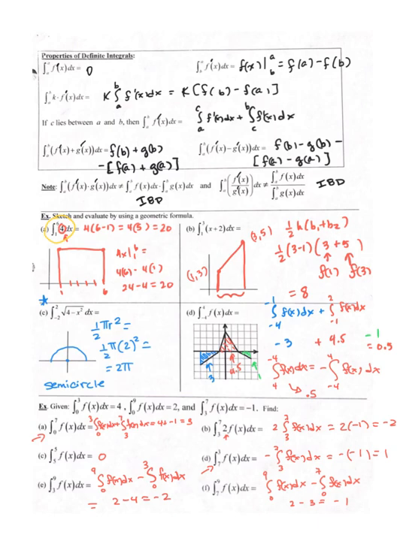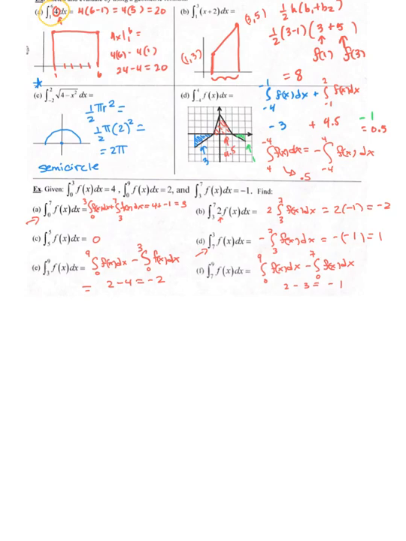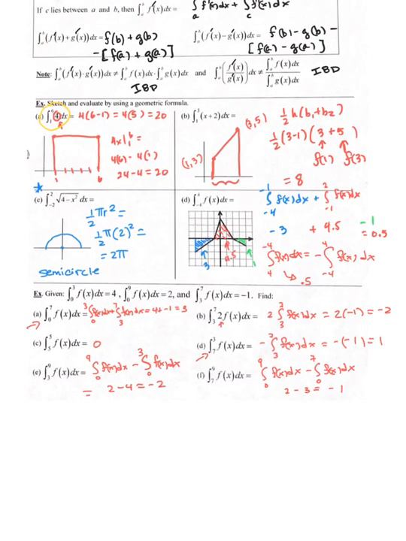Okay, let me scroll down to the next question. Oh, it put it away. Don't know another page. Okay. All right. So if a function is even, an easy one is just absolute value.